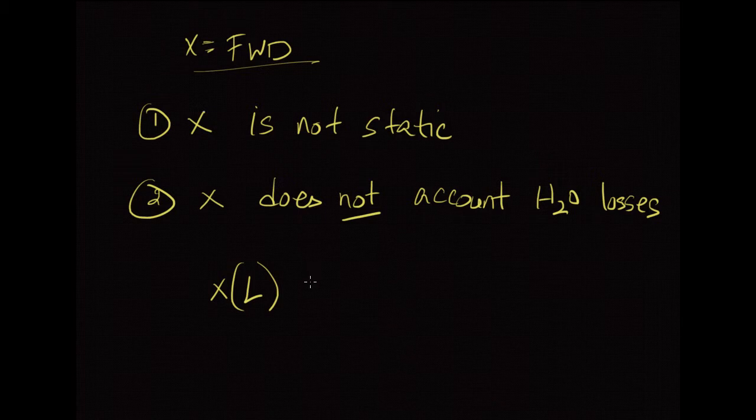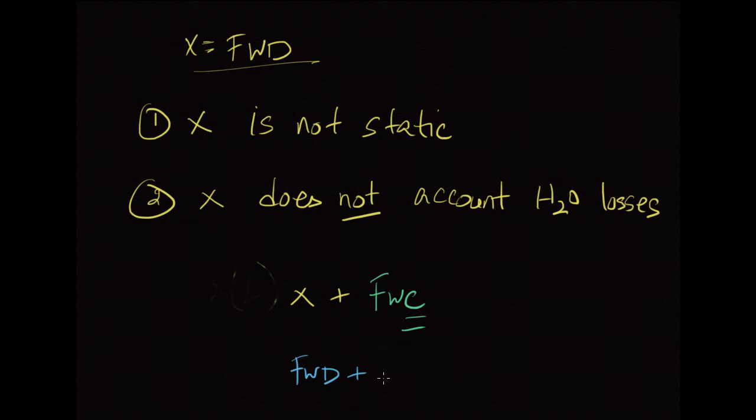And the best way to account for that, and we've already discussed this in another lesson, is the free water clearance. So if you add x, which is your free water deficit, to your free water clearance, you're going to get a more accurate picture of how much water the patient is losing.